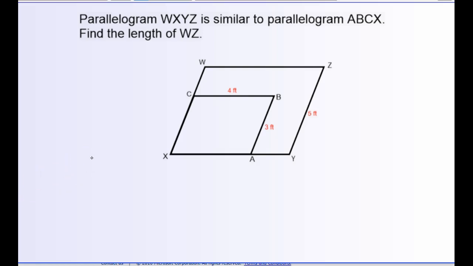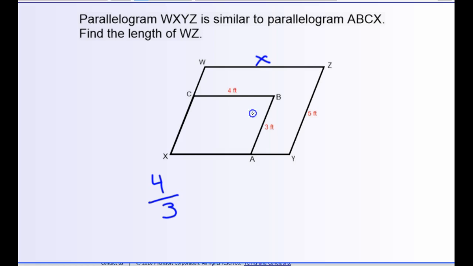Alright, last problem. Parallelogram WXYZ is similar to parallelogram ABCX. Find the length of WZ. So what we're looking for is the length WZ. We do know that from C to B is 4 feet, and we know that B to A is 3 feet.